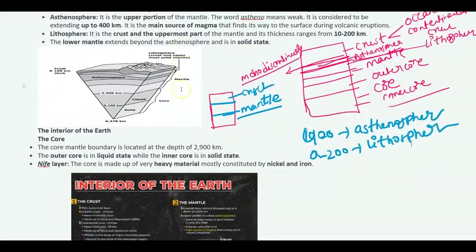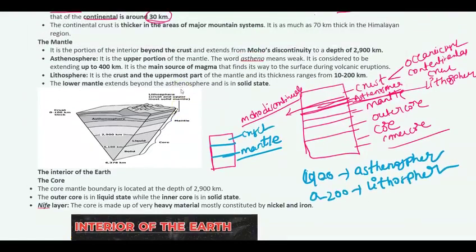Okay, let me tell you about this. If you see this diagram closely, this is continental crust, this is oceanic crust.